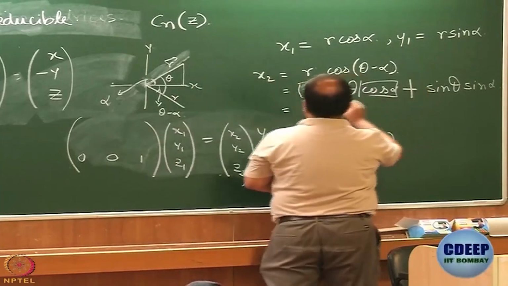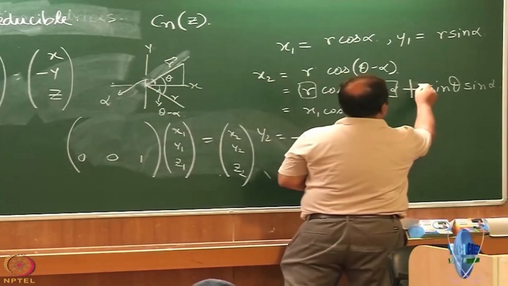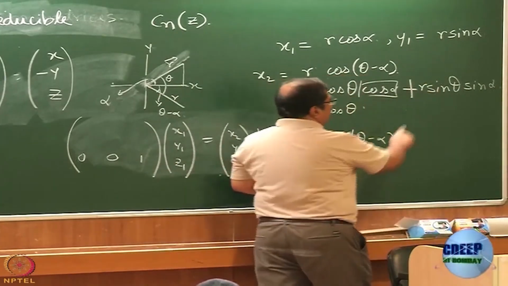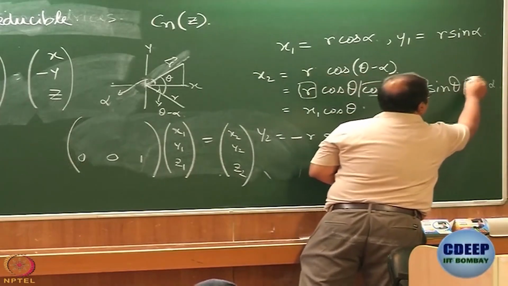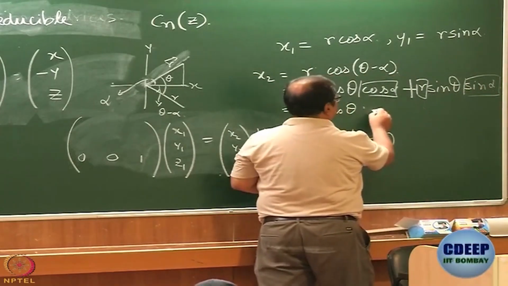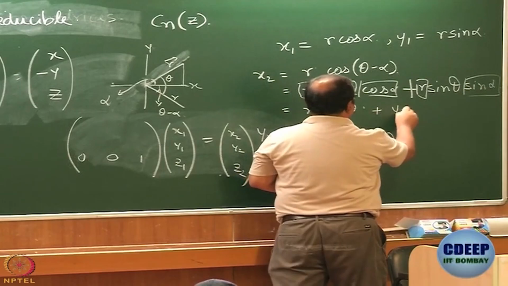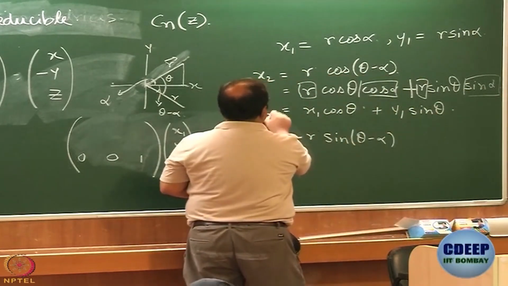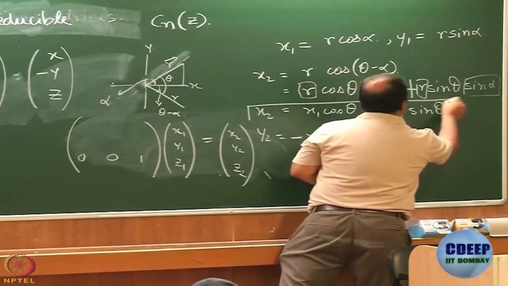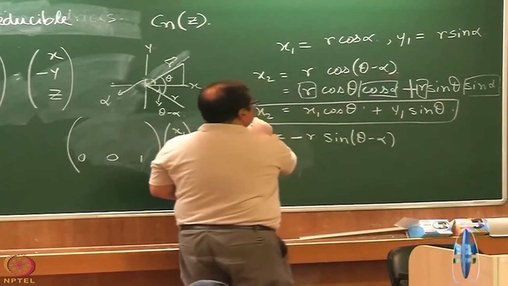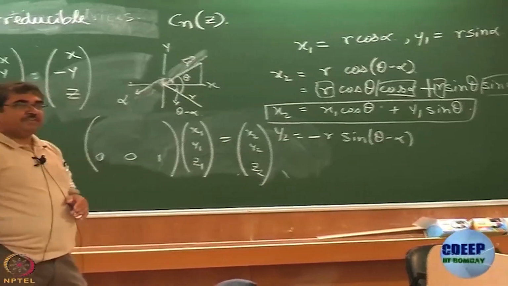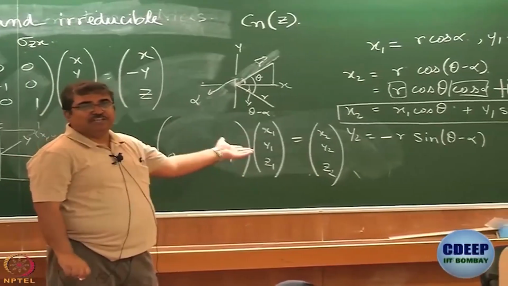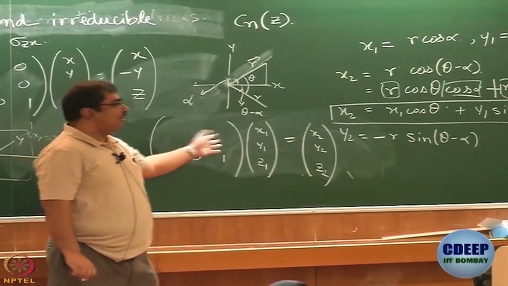Who is going to write r here? What is r sin alpha? Yeah, y1 sin theta. So, I have my first equation: x2 is equal to x1 cos theta plus y1 sin theta. Second equation actually, because we have already written z2 equal to z1.